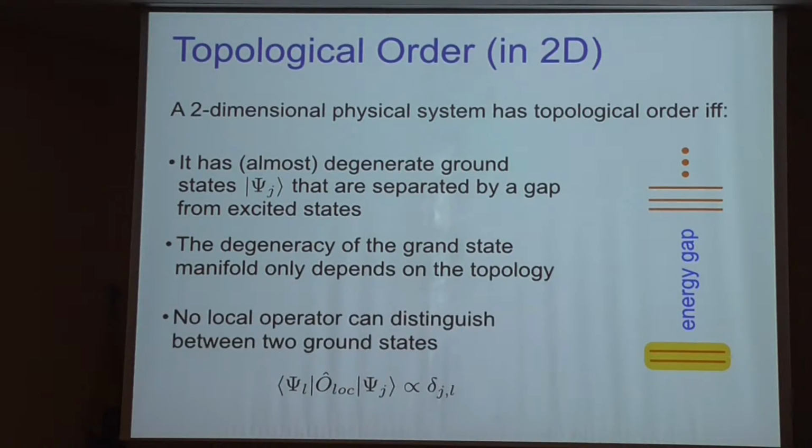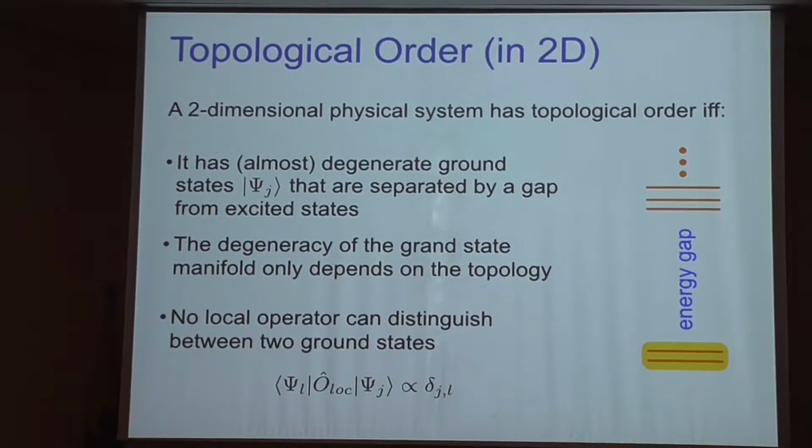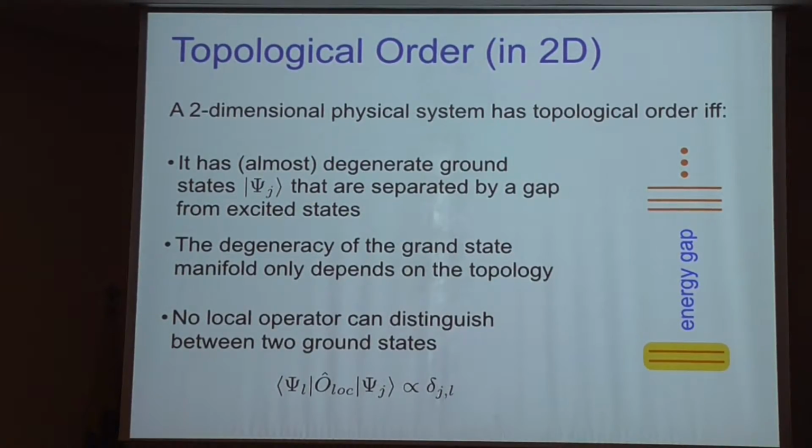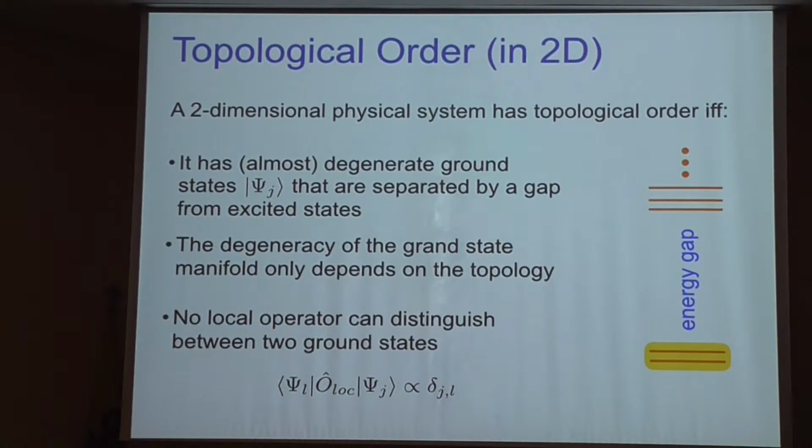And then a local operator cannot distinguish between any of these ground states. So any local operation on one of these ground states will actually get you up into this excited state manifold. So there can be no transitions between these ground states just by applying a local operation.